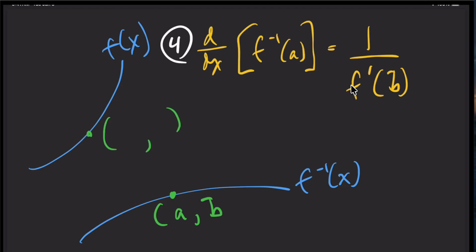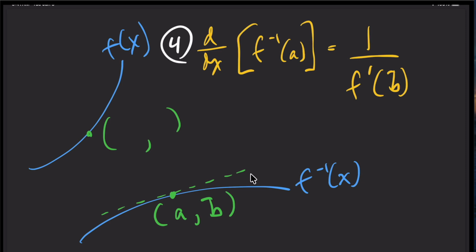Okay? What they're saying is, if that's f and that's f inverse, they want the slope of that line. They want the derivative at point A on the inverse. That's what this says. The derivative on the inverse function with an input of A.